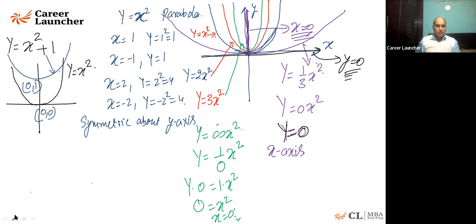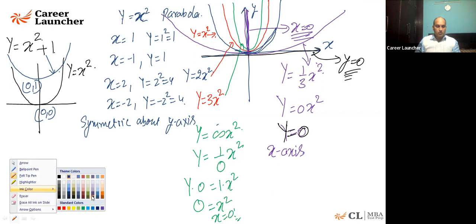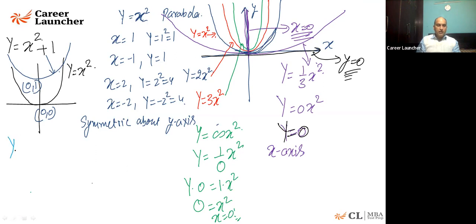Fine, let's come to the next one. What if I say y is equal to x square minus 3? I'll pull down this one and the curve will become 0, minus 3.